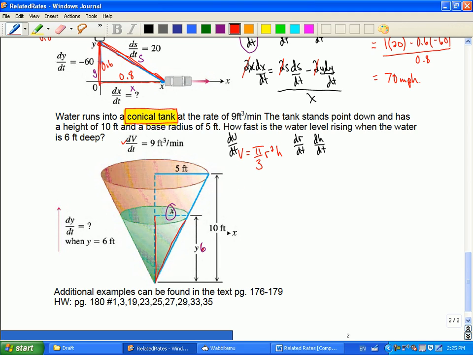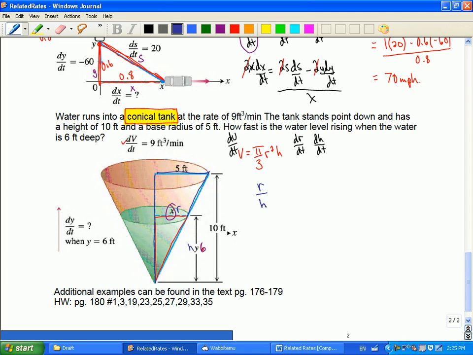If you look at this red triangle compared to, let's say, this blue triangle, I can come up with a way of describing the radius, or sorry, in this case the height, because that's what I want, is I want to know the height. So I'm going to stick with radius and height. This would be h and this would be r.